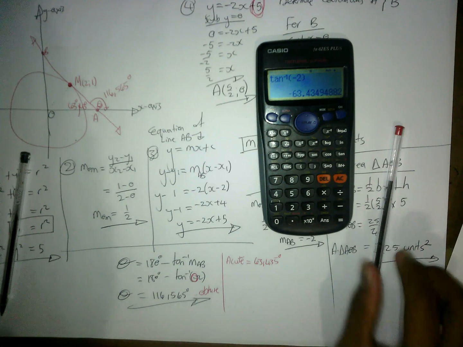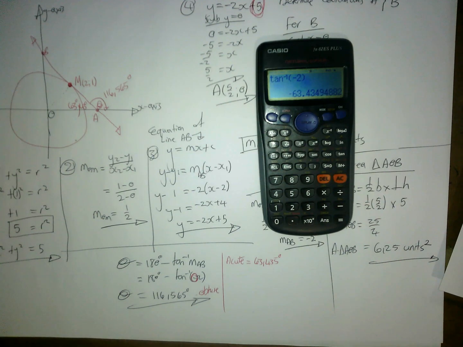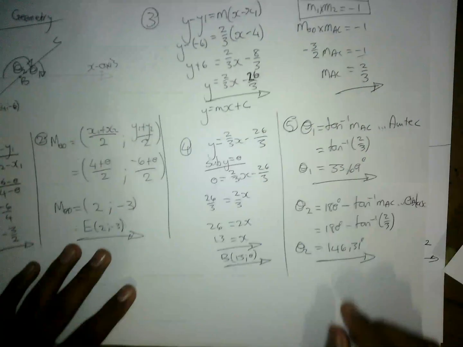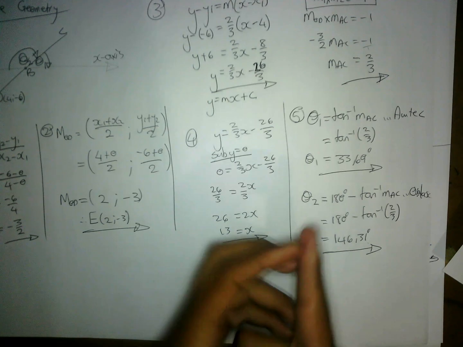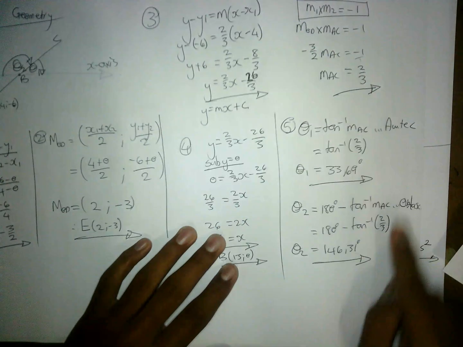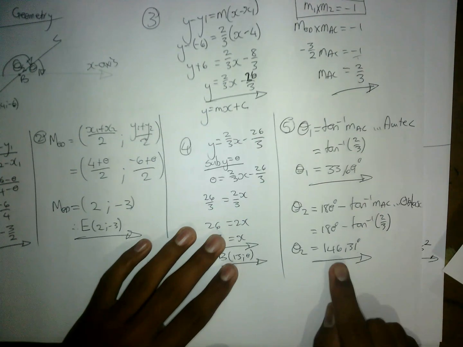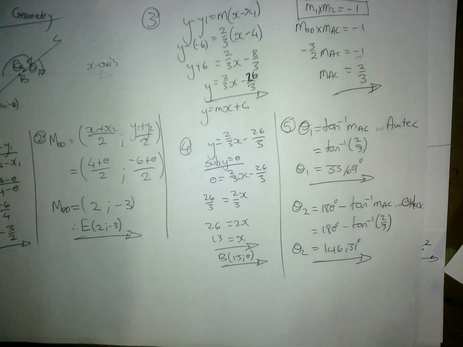Just a note. No, don't put a negative there. If you look over here, in our previous question our gradient was positive, and when we put it in, we got a reasonable, correct value.